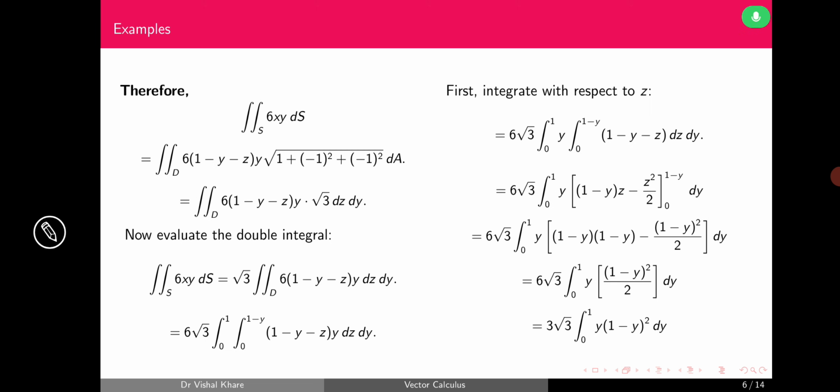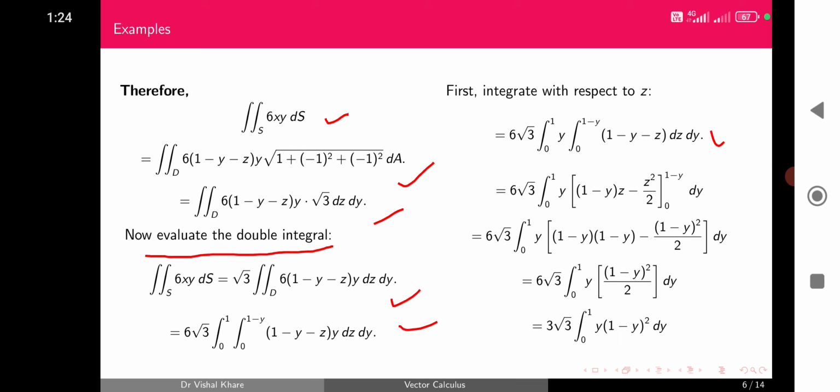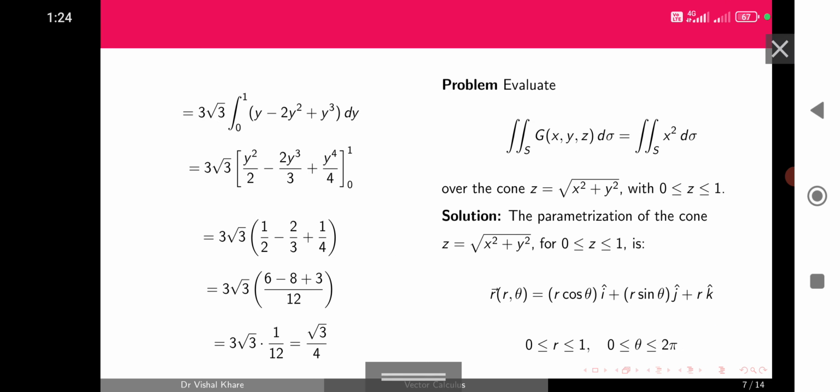Then putting all these values in this formula, the right hand side will be this, and solving this double integral we get these steps, and when we put the limits we get this term. Finally, solving this integral and putting the limits, we get the final answer root 3 by 4.